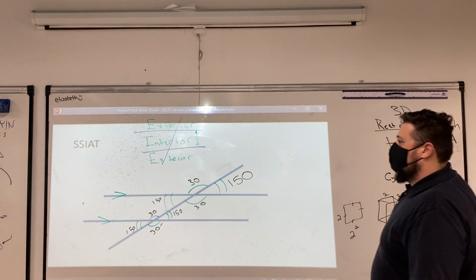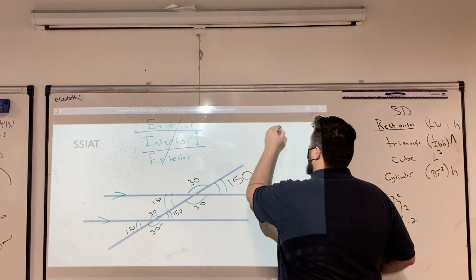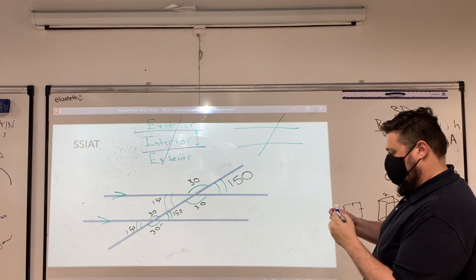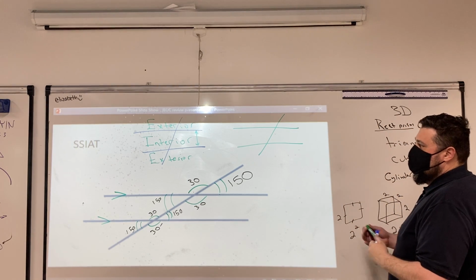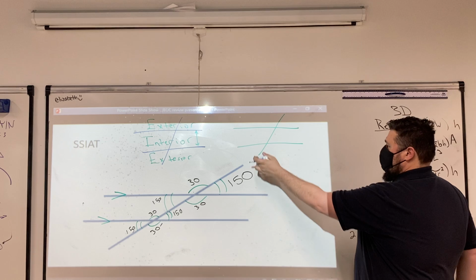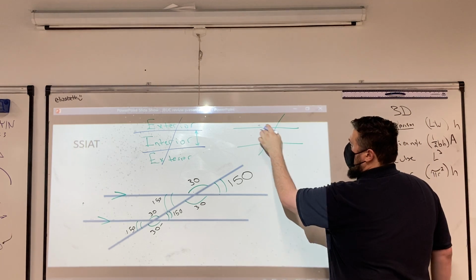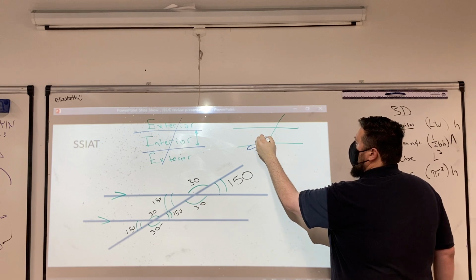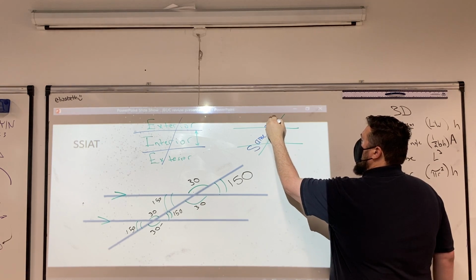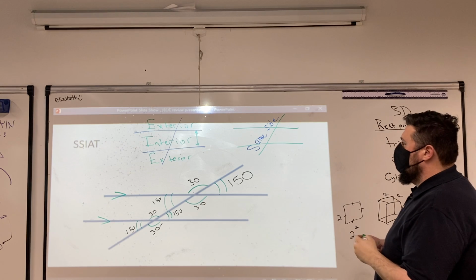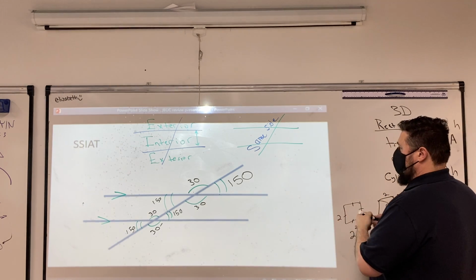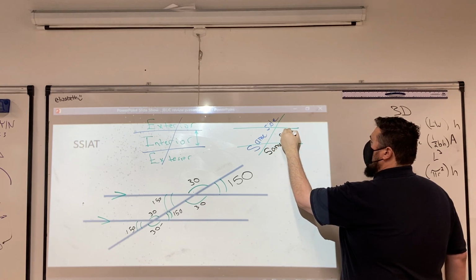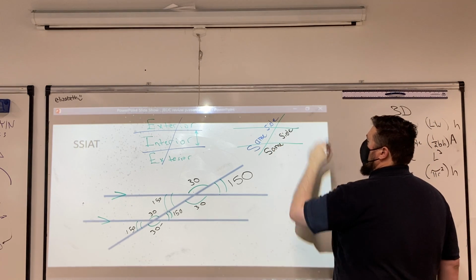Alternate versus same side does not worry about the position, interior or exterior. It's what side of the transversal they are on. These angles are all on the same side of the transversal. These angles are all on the same side of the transversal.